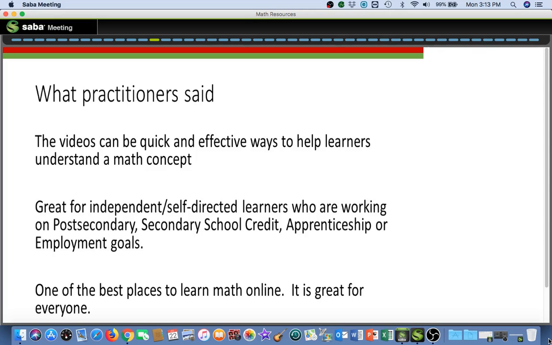I think what I learned through this process is it really does depend on the individual. It's not so much goal path. It's really learning style and specific skills that the learner needs to learn.